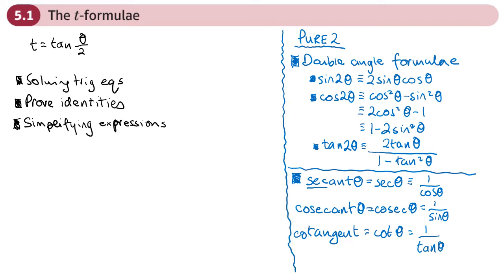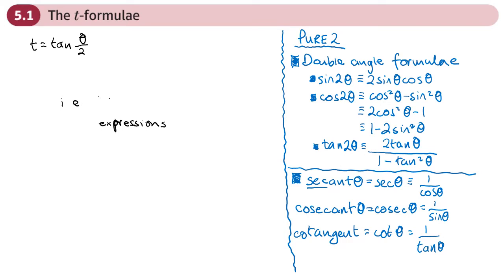So let's go back to this t formula here. t equals tan theta over 2. And let's see what we can do with this. Let's take these out here, create a bit of space, because we're going to see if there are other things that we can prove just using that. I'm basically just going to start with a right angle triangle like this.